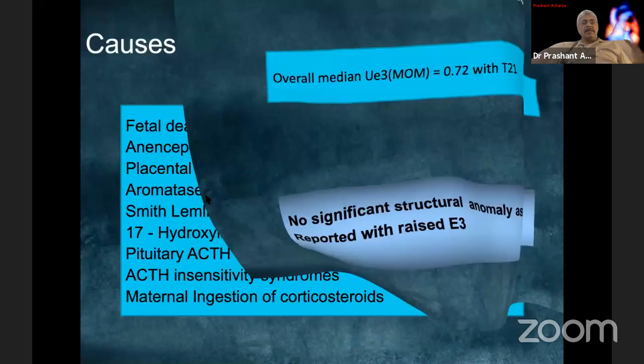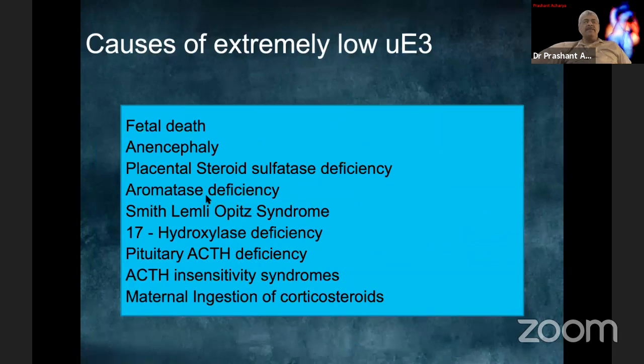Extremely low E3 is important. Any value less than 0.2 MoM of E3 will have the possibility of these many syndromes. So don't just look at screen negative or screen positive, look at MoM values. You will be able to identify many possible abnormalities of the fetus, not only aneuploidy.